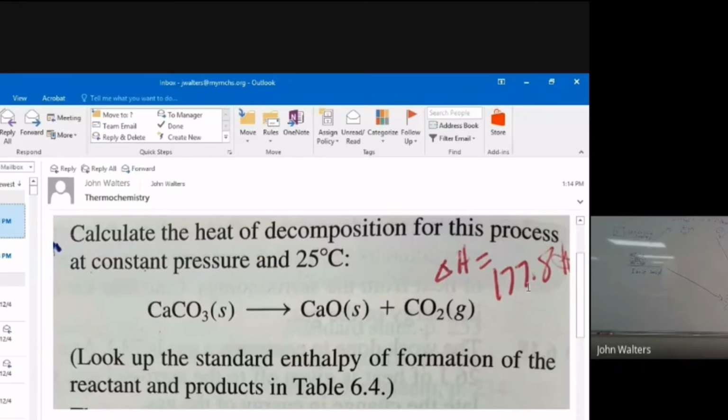And again, products, enthalpies of formation, times 1, add it to the enthalpy of formation of this times 1, add those two together, then subtract from reactants. Only one reactant. I'm curious, what kind of numbers have you gotten? What do you think? Anybody?